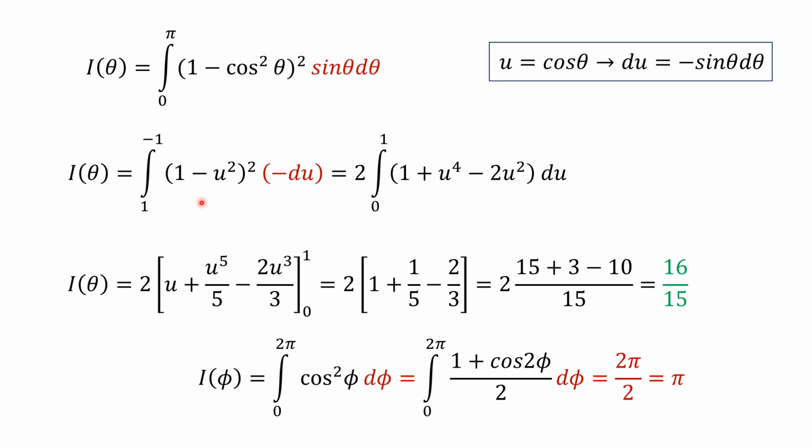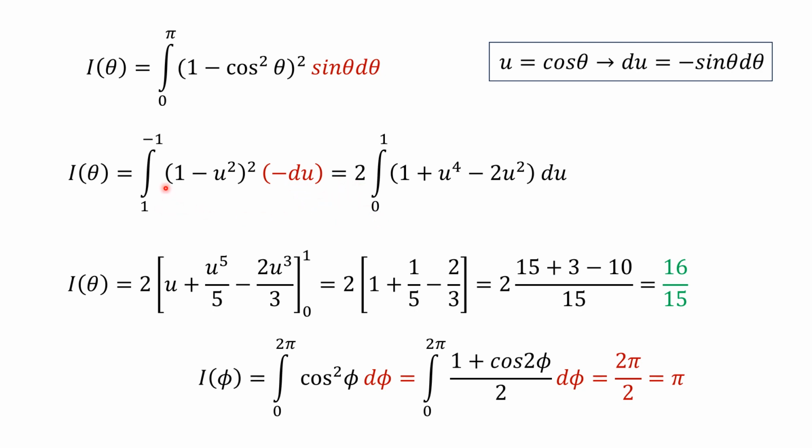So here, the limit also you have to take care. When theta is equal to 0, cos theta is 1. When theta is equal to pi, then cos theta is equal to minus 1. You remember that. Now I am changing the limit.